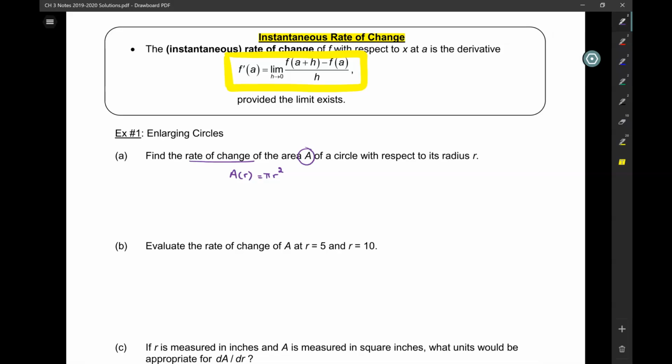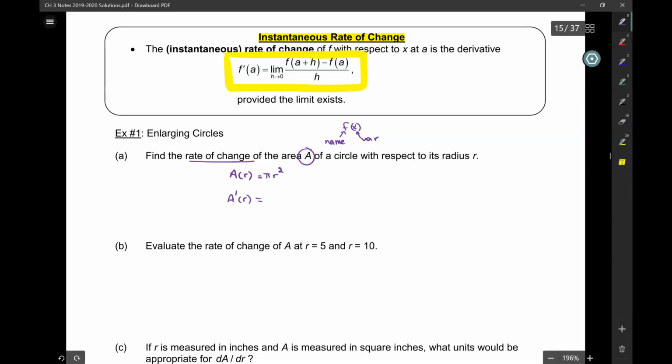Now, what is the name of my function here? A. What's the variable used in the function? r. So, if I had f of x, that's the name of the function, and that's the variable. So now I want A prime of r, that's the rate of change, equals this.